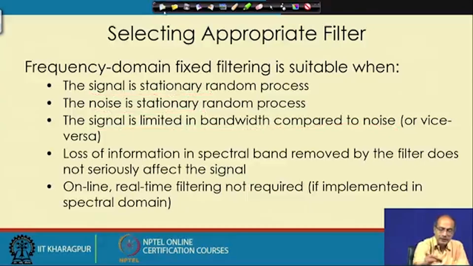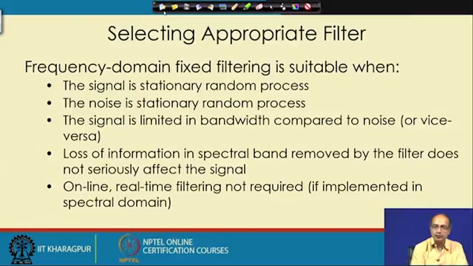And some of the frequency domain filtering is not suitable for online or real time filtering. Because if the implementation is in the spectral domain, you have to wait for a block of data.